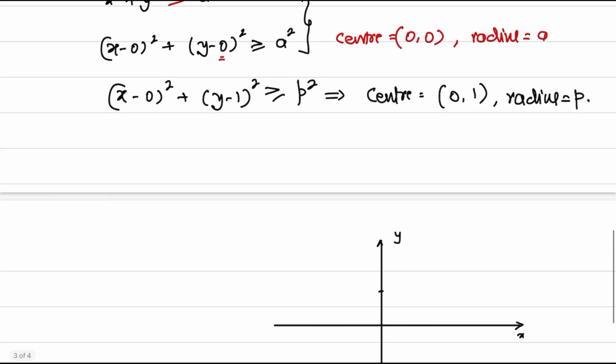In the complex plane, this is x, this is y, and on the y-axis the center is lying at 0, 1. X is 0 and y is equal to 1. This is the center.